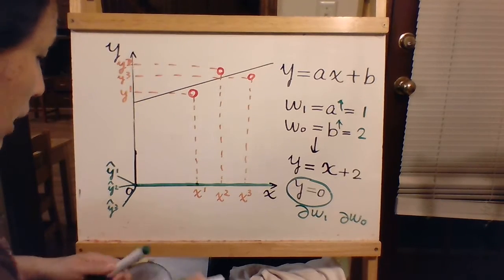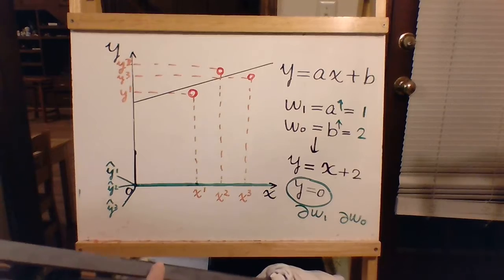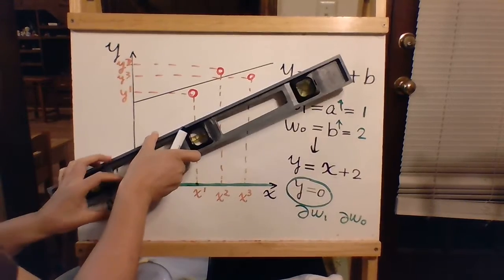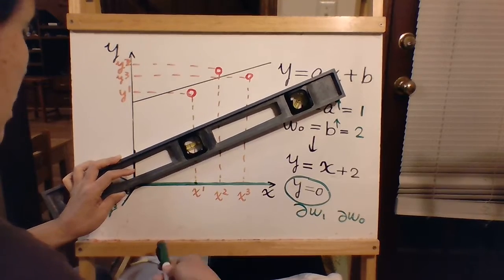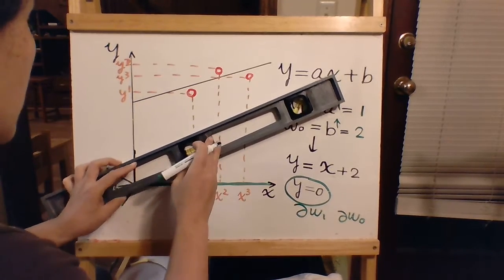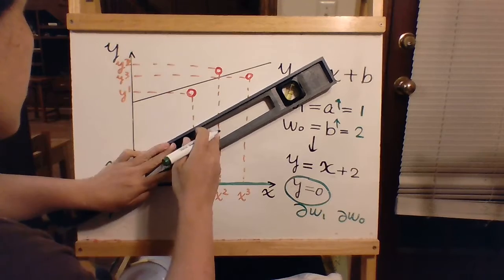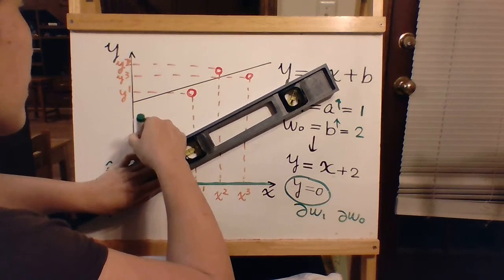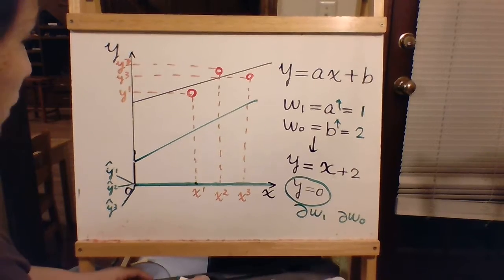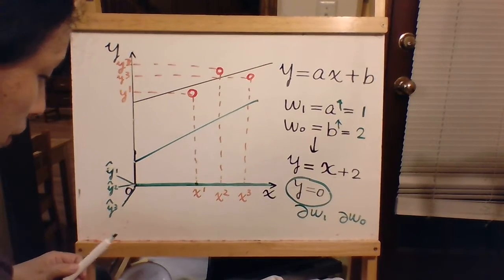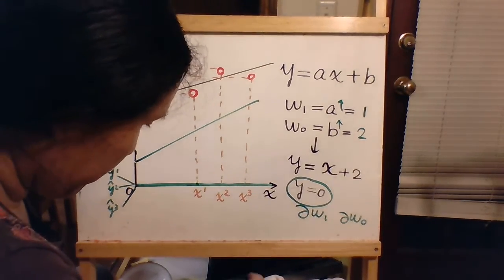So in that case, the line looks like this. Ooh, that looks much better, way better than the first time. Why?